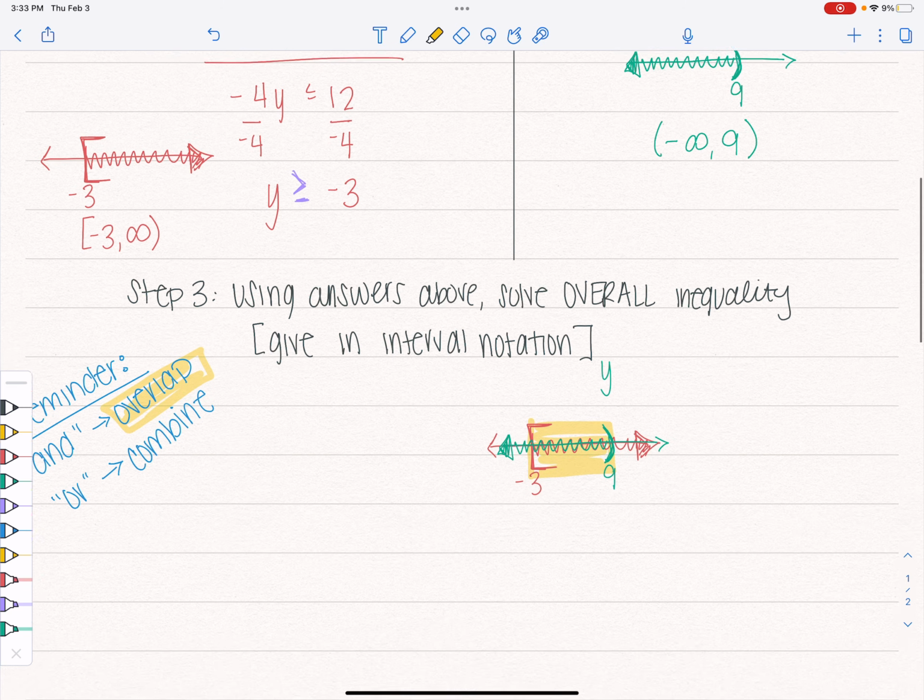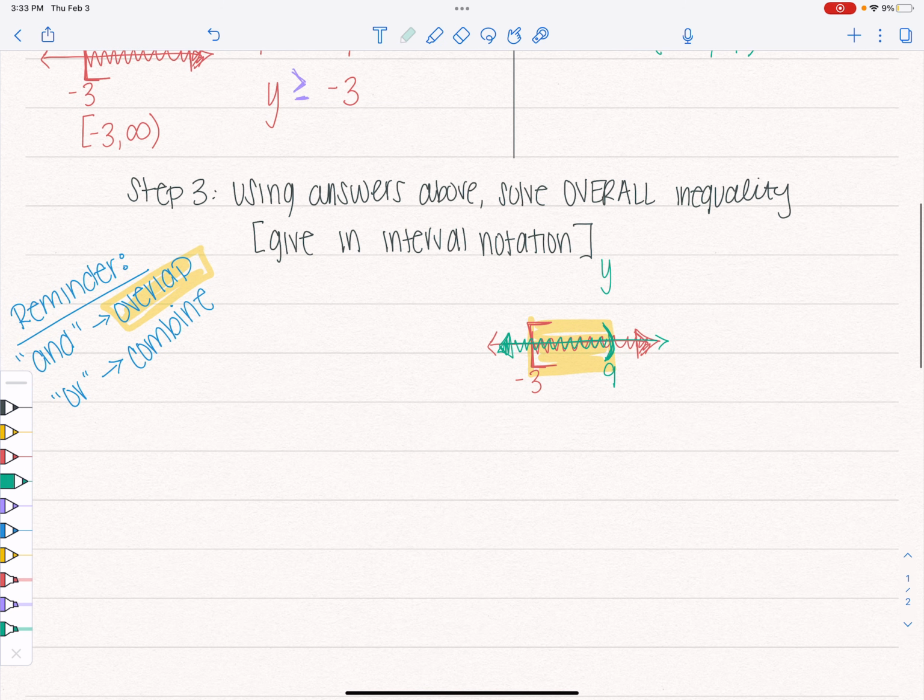And so my interval for and, because it asks for and, is going to be -3 with a bracket to 9 with a parenthesis. And I'll have a comma between those because it said and.